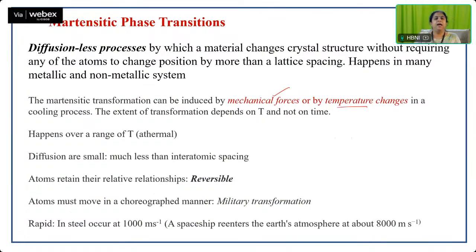And like other phase transitions, they happen sharply at TC from phase 1 to phase 2. But in case of martensitic, there is a hysteresis that occurs over a broad range of temperature.